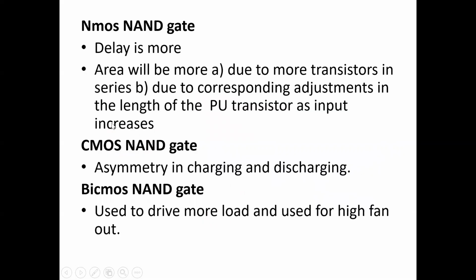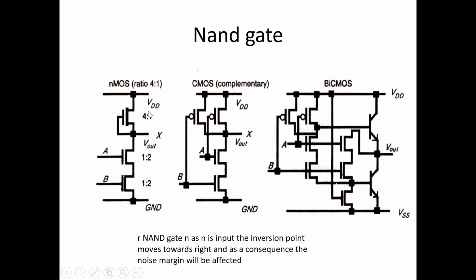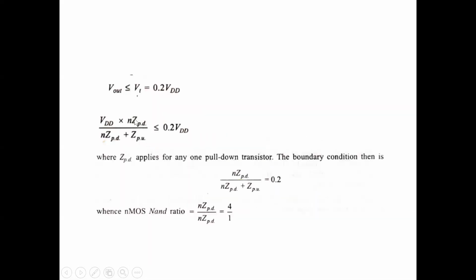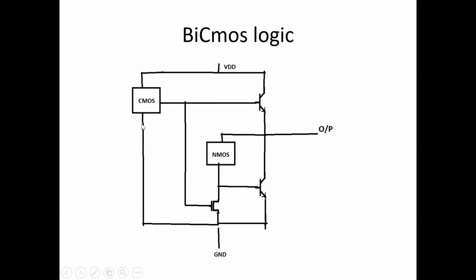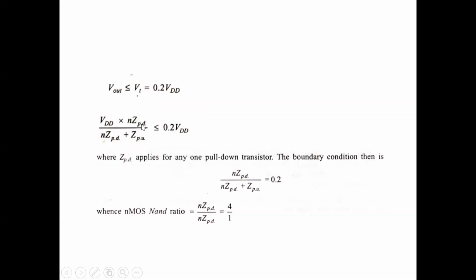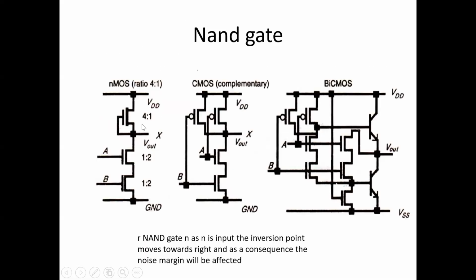That is, if VT is around 0.2 VDD, Vout should be less than or at least equal to 0.2 VDD, not more than that. Now, considering that, we know the output voltage Vout will be equal to VDD into the Z value. The Z is nothing but the pull-up aspect ratio here. Z value will give you the aspect ratio.